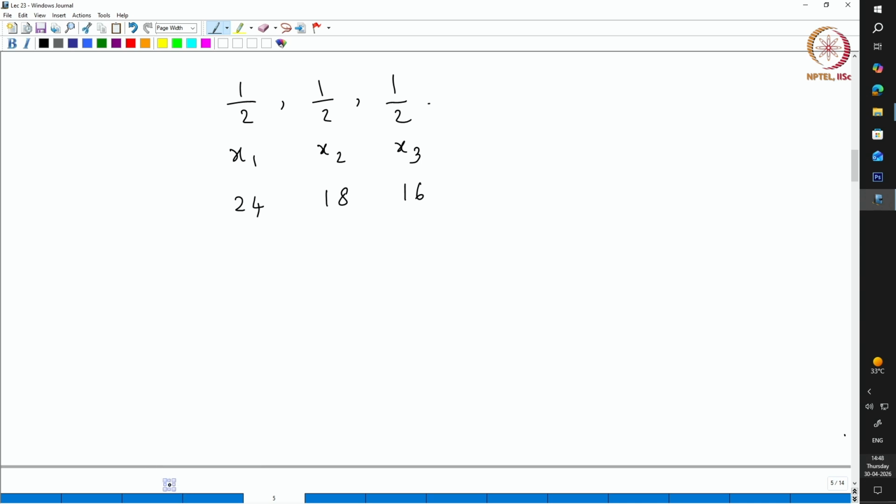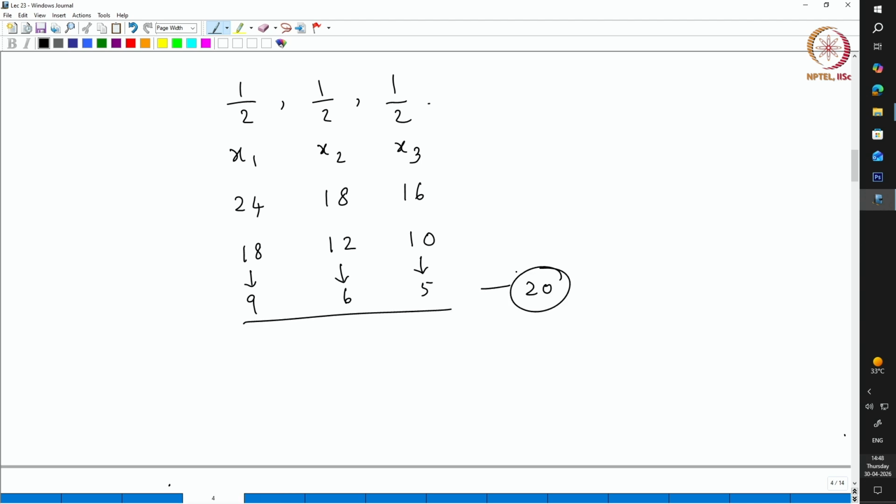The weight vectors are 18, 12 and 10. So the weight of half of this will be 9, the weight of half of this will be 6, the weight of this 5, together it will be 20. Your capacity is fully utilized.